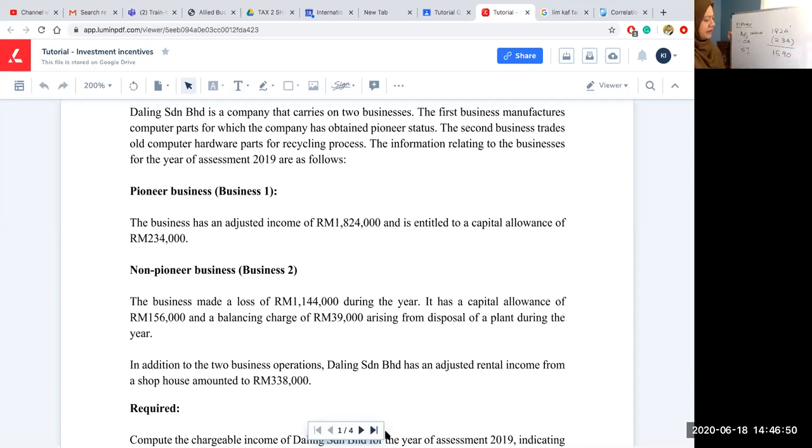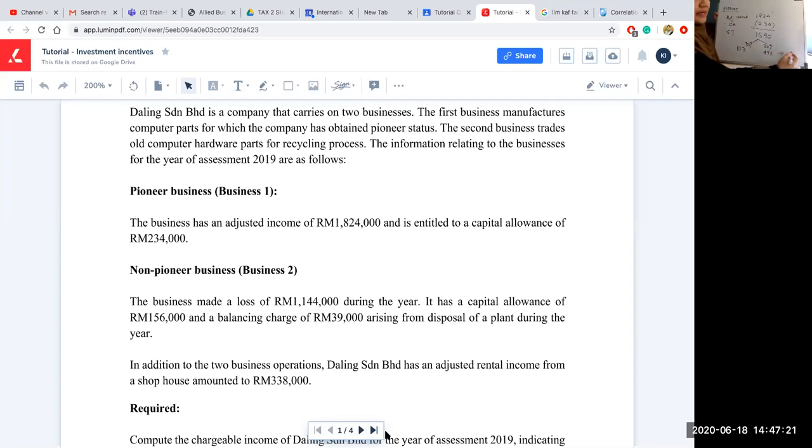From the statutory income, remember that you're going to give that 70% and 30%. How much is the 70%? 1,590 times 0.7 equals 1,113, and the balance 30% is 1,590 times 0.3 equals 477.